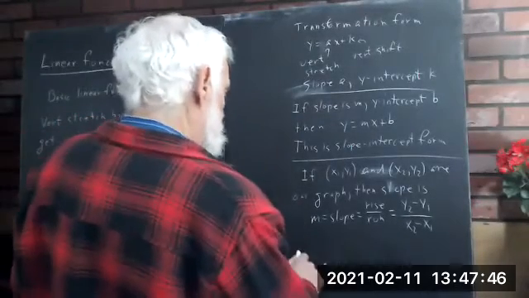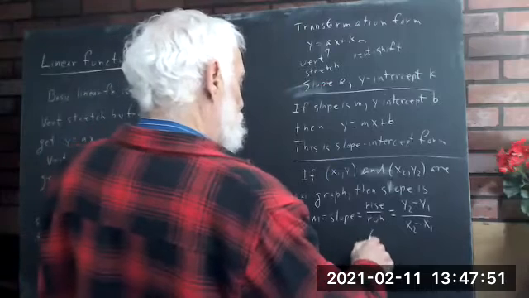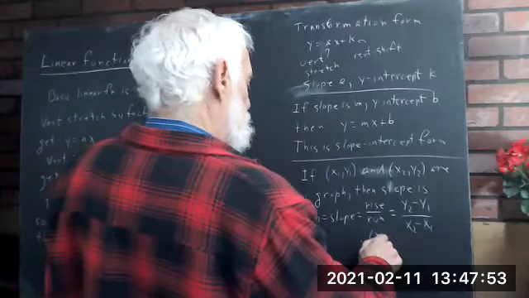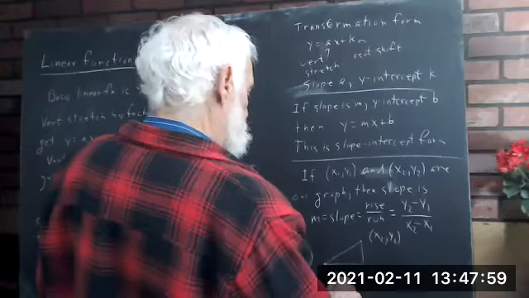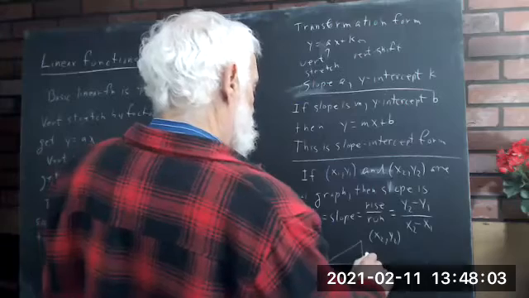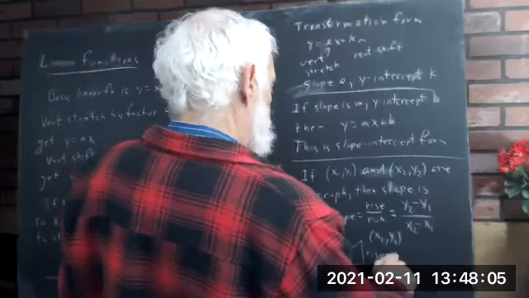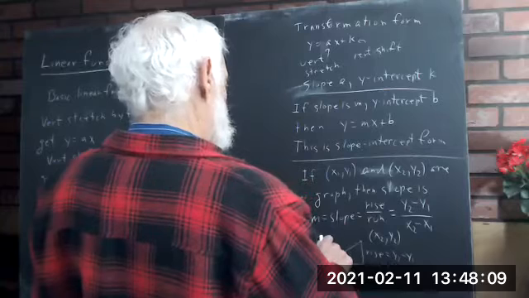And a picture of that is easy enough. If this is x1, y1, and this is x2, y2, then we just do our fundamental triangle. And we see that the run is x2 minus x1. And the rise is y2 minus y1.